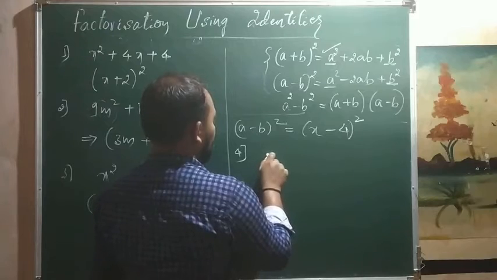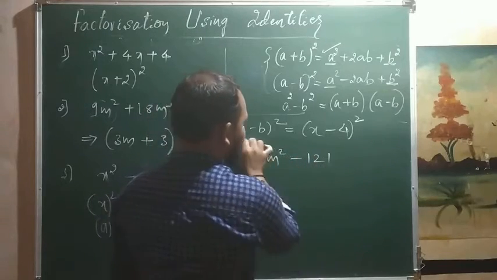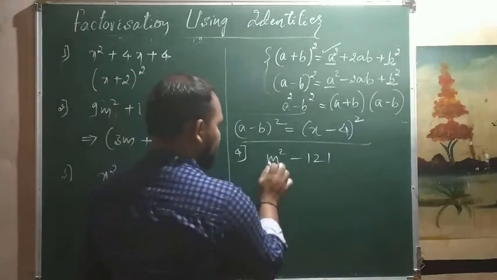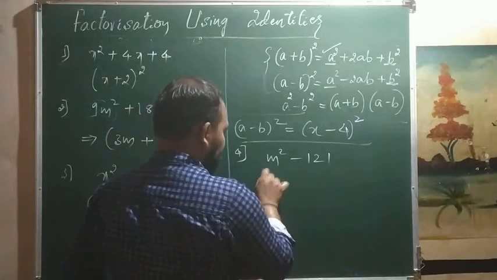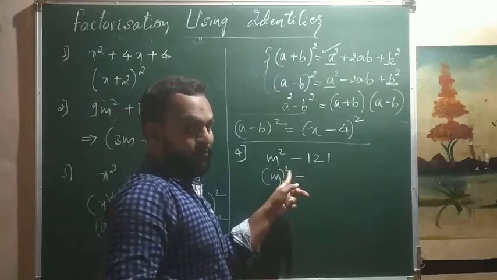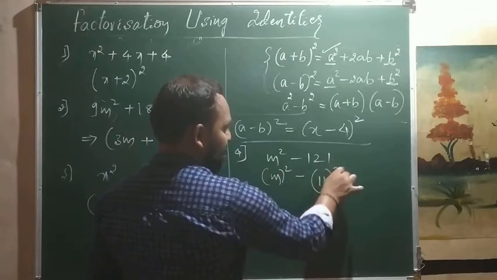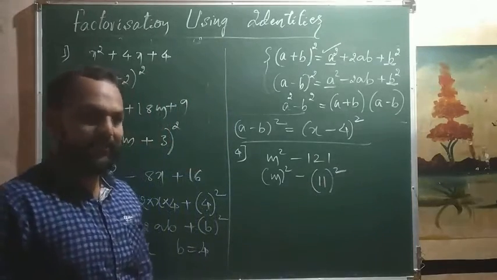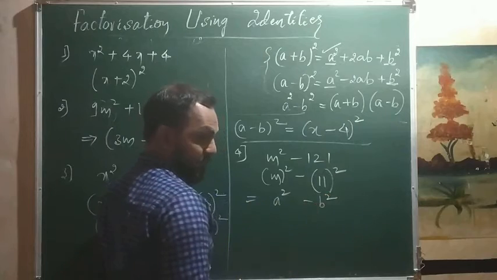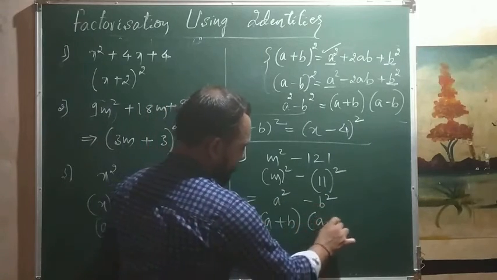Next, take one more example: m square minus 121. Write this as m square minus 11 square, since the square root of m square is m and the square root of 121 is 11. Then this is in the form of a square minus b square, which is a plus b and a minus b.